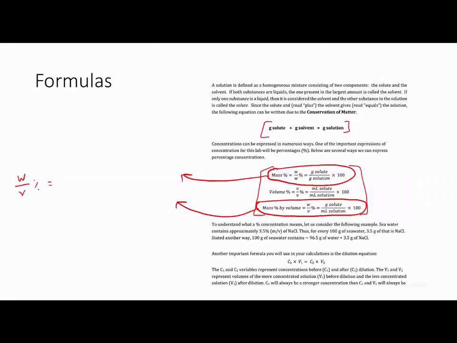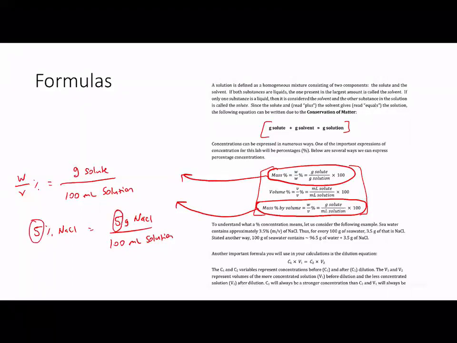If we have a weight over volume percent, then this is equal to the grams of solute divided by 100 milliliters of solution. So if I have a 5% NaCl solution, then that is equal to 5 grams of NaCl over 100 milliliters of solution. Whatever this number is, this number will be also, as long as you have set it up with 100 milliliters of solution in the denominator.